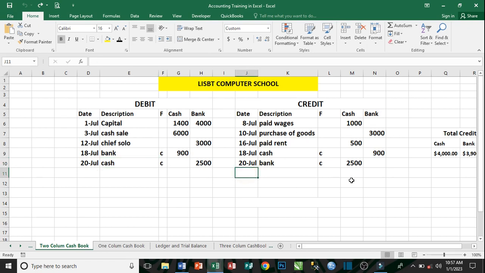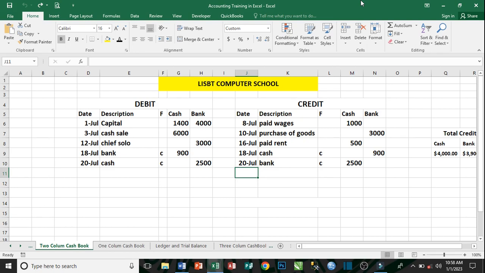Let me just continue typing this so that you will understand how it goes together as one. Read the question, July 22nd. Look at it good. What will happen on July 22nd?